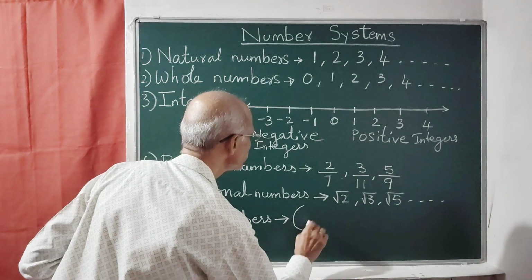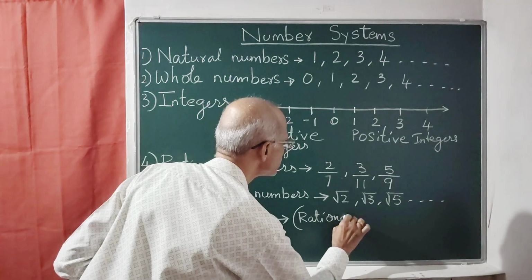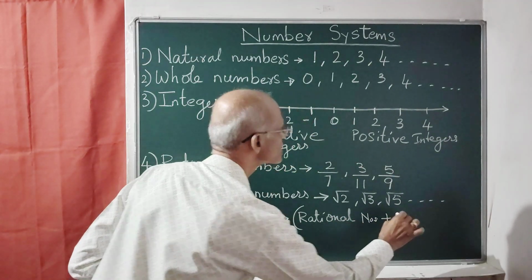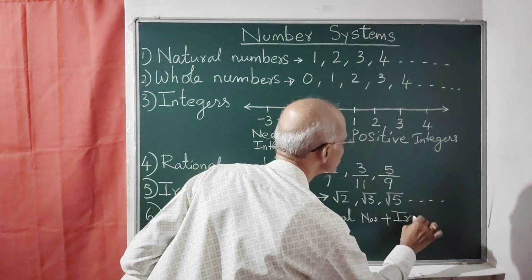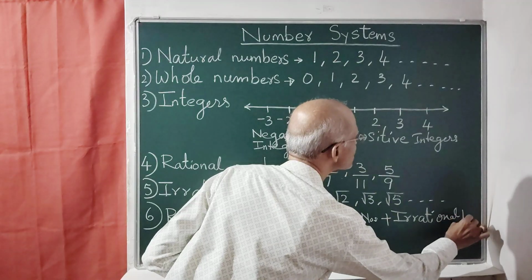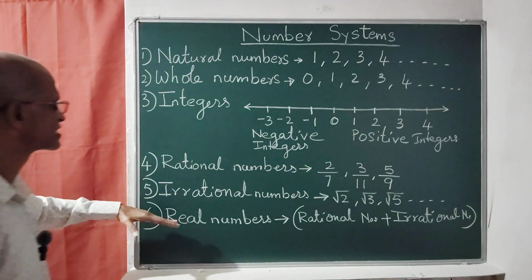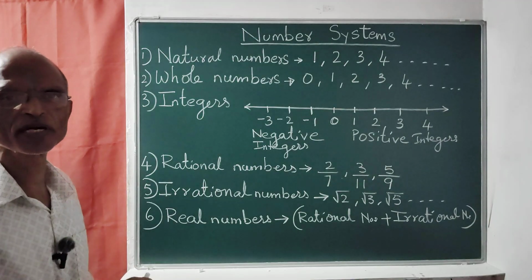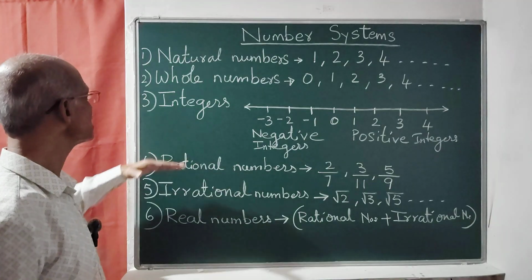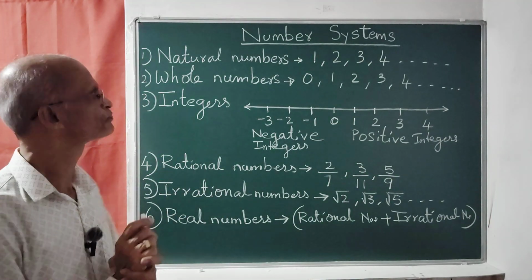So real numbers include rational numbers plus irrational numbers.